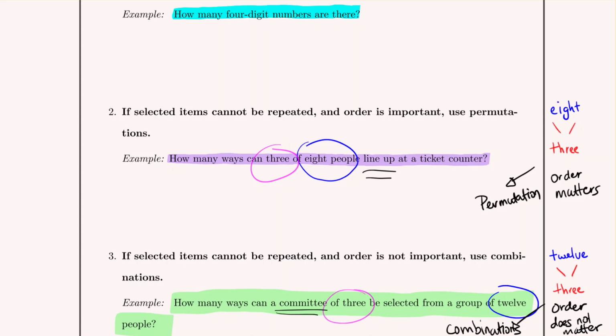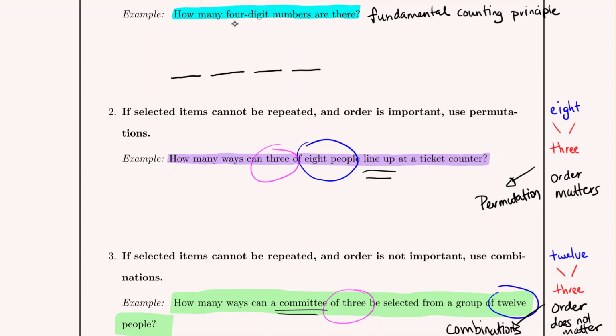Our first example is in a completely different category because it's not saying select from this bigger group a smaller subsection. It's just saying how many 4-digit numbers are there. This is our fundamental counting principle. If you're making a 4-digit number, you pick the thousands place, then the hundreds place, then the tens place, and then the ones place.